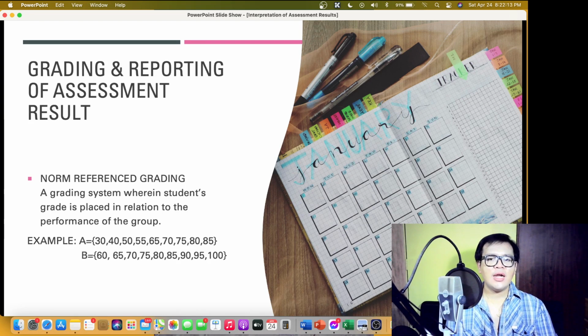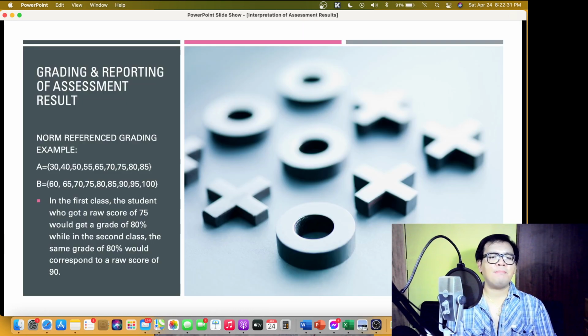So there is a division between the higher and the lowest numbers, but it is not just one grading scale; it is in relation to the performance of the group and how it is being divided.